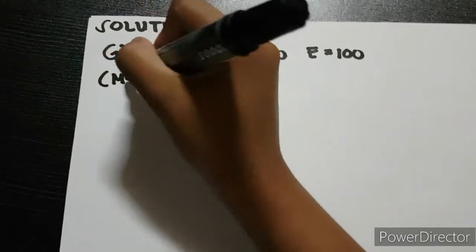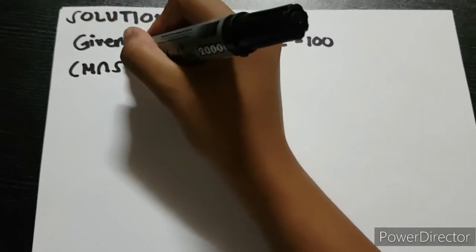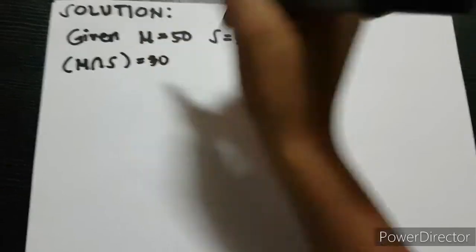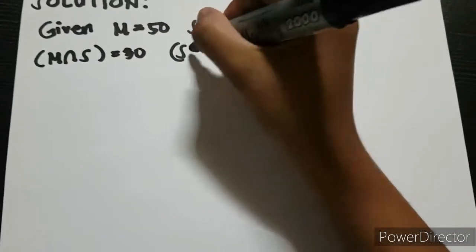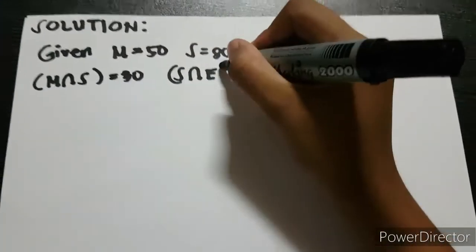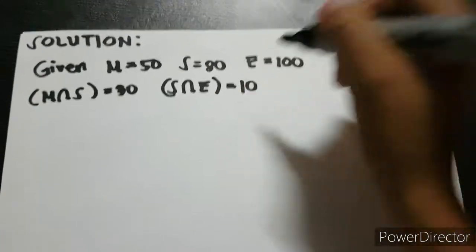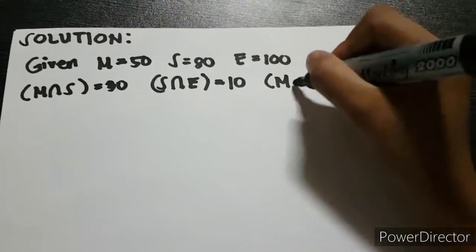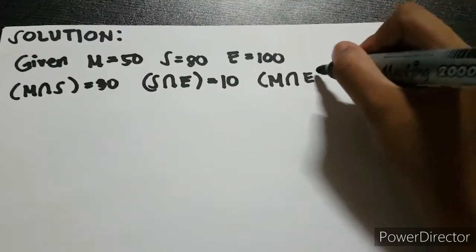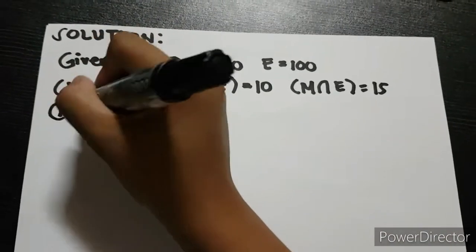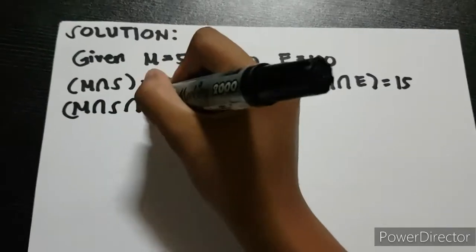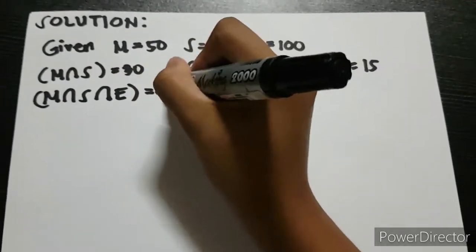The M intersection S, which is math and science, equals 30. The S intersection E is 10. The M intersection E equals 15. And M intersection S intersection E equals 9.